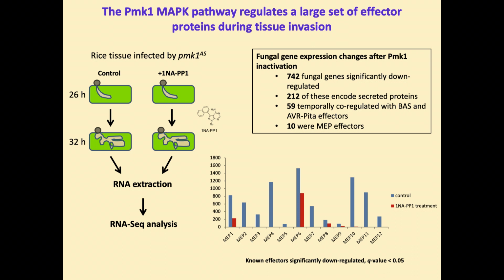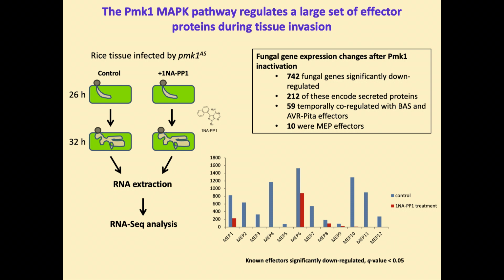So we can look at that in much greater detail now, so we can do an RNA-seq experiment. This is where we've simply infected rice at 26 hours and either added the inhibitor or not added the inhibitor, then extracted plant tissue, extracted RNA and done RNA-seq analysis. You can see there are more than 700 genes that are differentially expressed at that point. 212 of those encode secreted proteins, many of which are temporally co-regulated with a group of effectors which we know are involved in plant defense suppression, and 10 of those were ones which we'd actually already characterized.